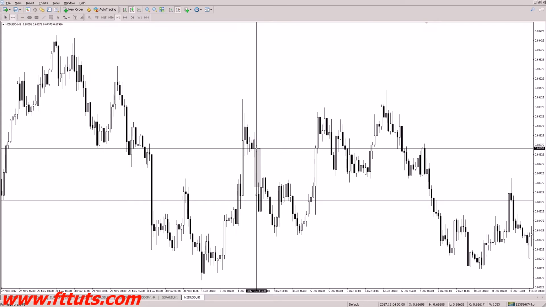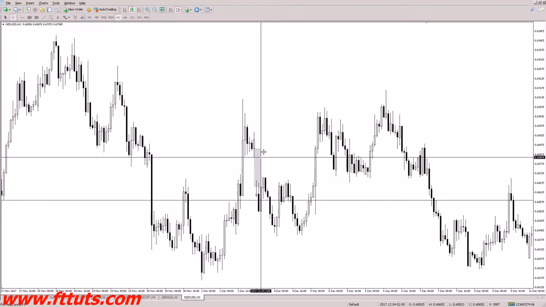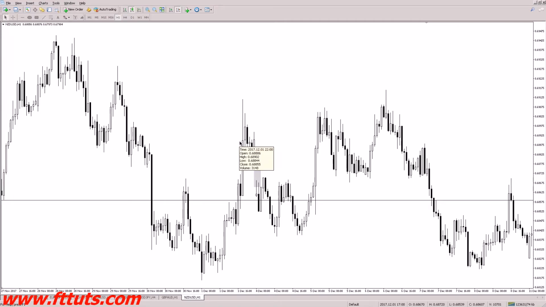All right, guys. And price more or less gapped down on the 1st of December, sorry, guys, into the next week. This will usually happen on the weekend, all right, guys? When the charts are turned off, price stalls on the weekend and the market's closed.